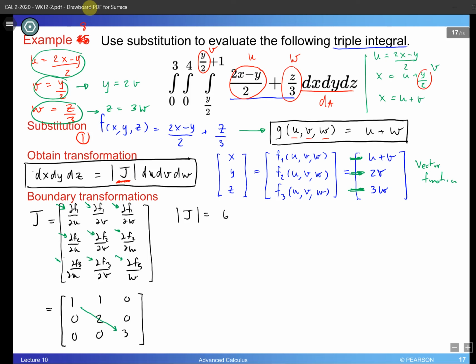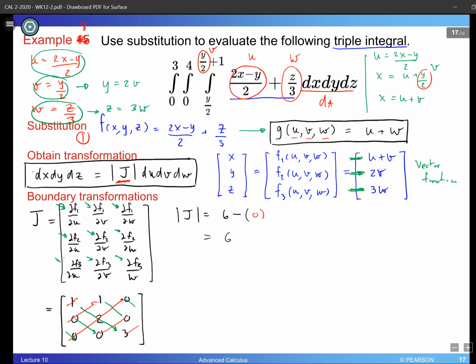And crossing down, 1 to 0, so everything goes away. 1 to 0, and right here, nothing. 0, cross down right here, also 0. So we only have 6 right here. Minus, crossing up. This is going to be 0, this also 0, and the last one also 0. That is easy, so let's put 0 there. So in the end, we have the Jacobian determinant equal to just 6.